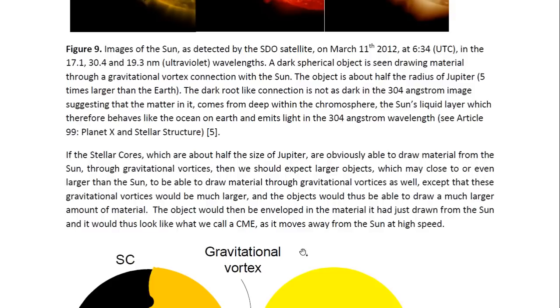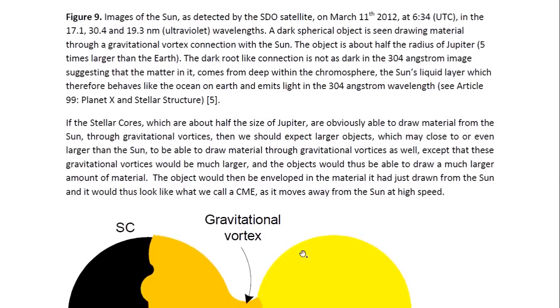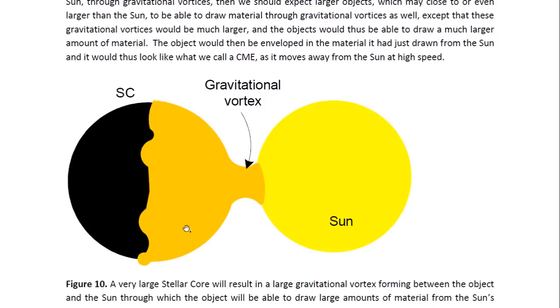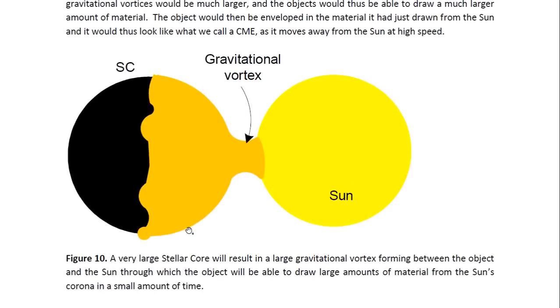These objects would then be enveloped in the material they had just drawn from the sun, and they would thus look like what we call a CME as it moves away from the sun at high speed. And larger objects would exert a larger gravitational force, even though these objects are gravitationally weak and thus are only able to exert a weak gravitational force for their size and the mass that we can see they would have.